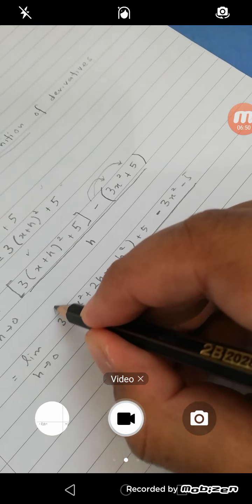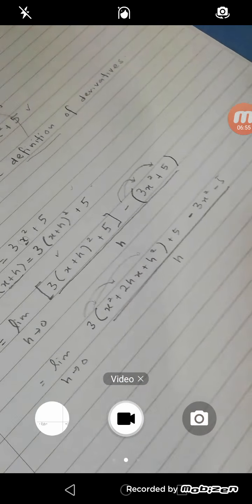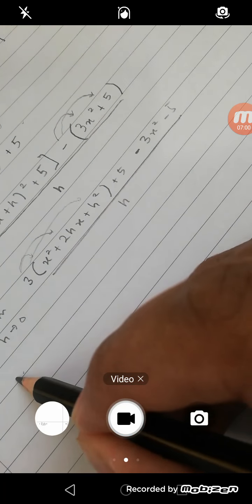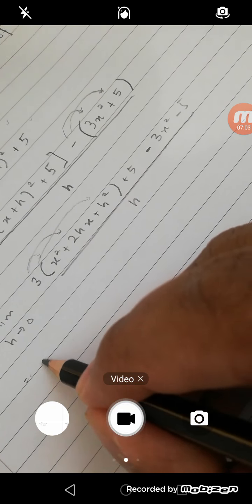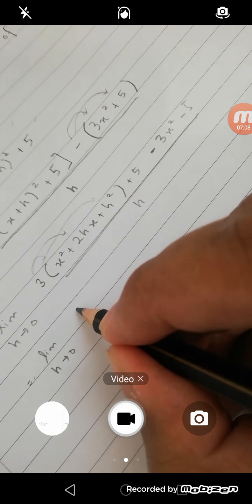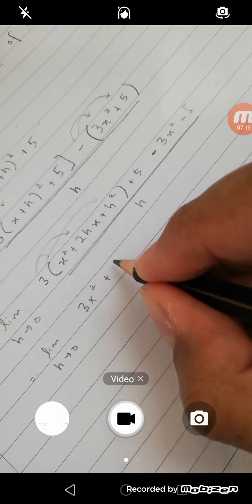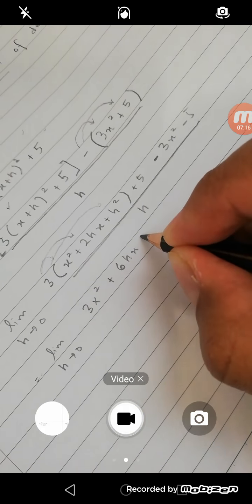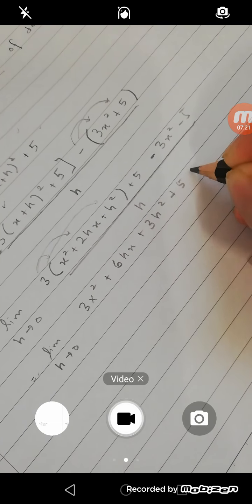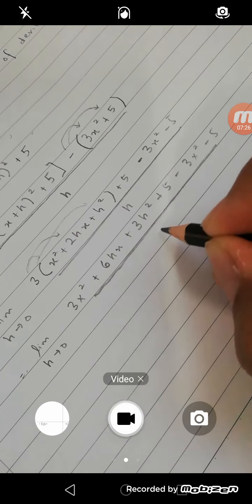Now you can also multiply all the elements inside the bracket by 3. We obtain the new equation: the limit as h approaches 0 of 6hx plus 3h to the power of 2 plus 5 minus 3x squared minus 5, over h.